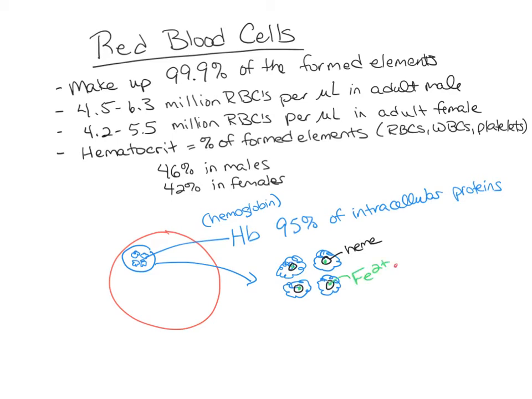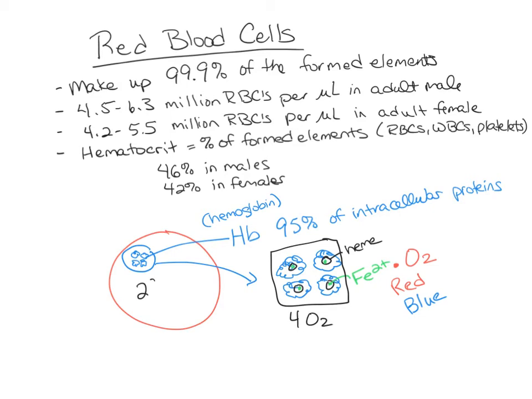The iron can bind to an oxygen molecule, and when it does that, it makes the red blood cell appear red. When the iron isn't bound to oxygen, then the red blood cell will appear a darker red or a blue color. Ultimately, one hemoglobin can carry 4 oxygen.